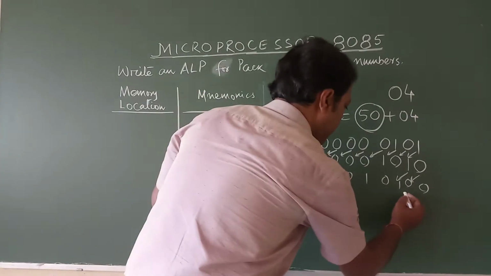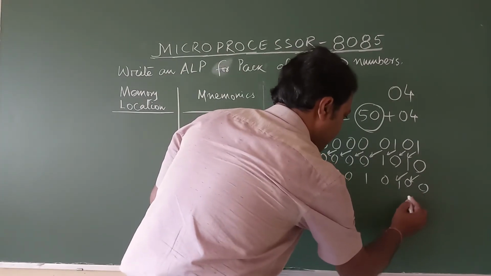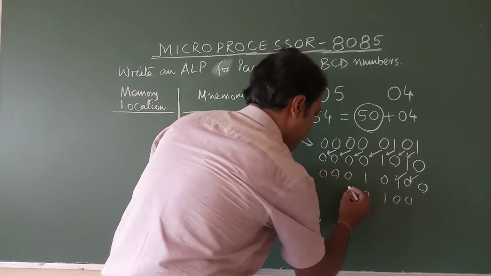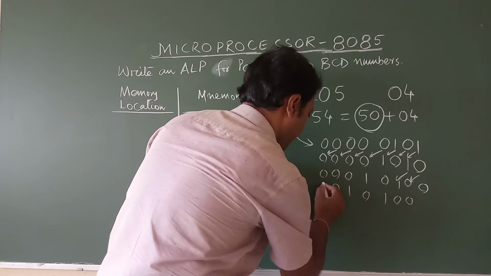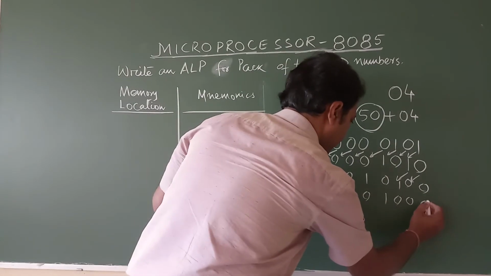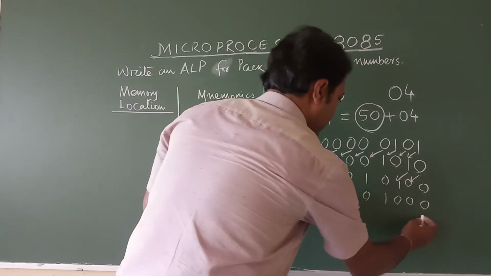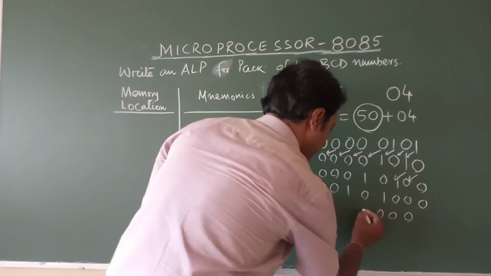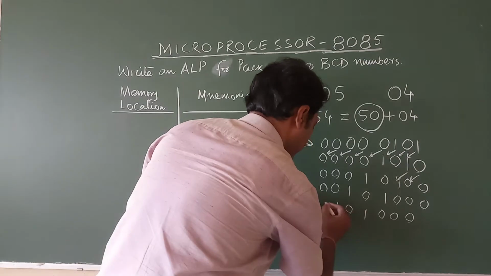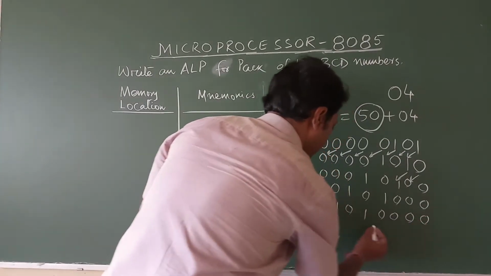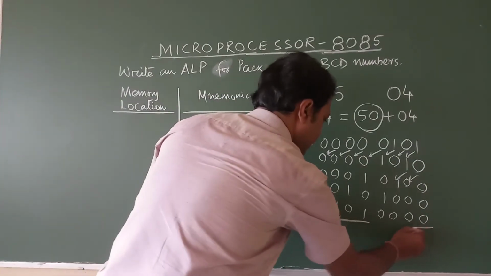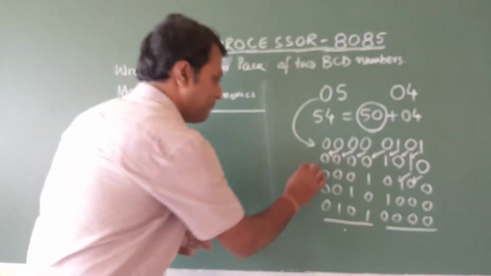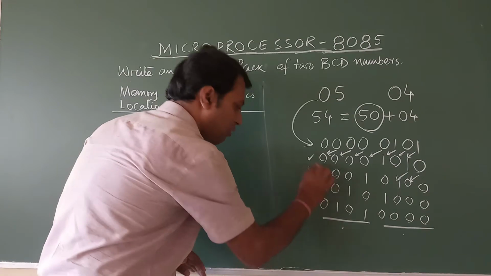Once again, then another time. Now check this one. So this is 5, this is 0. So it becomes 50. How many times? 1, 2, 3, 4. Fine.